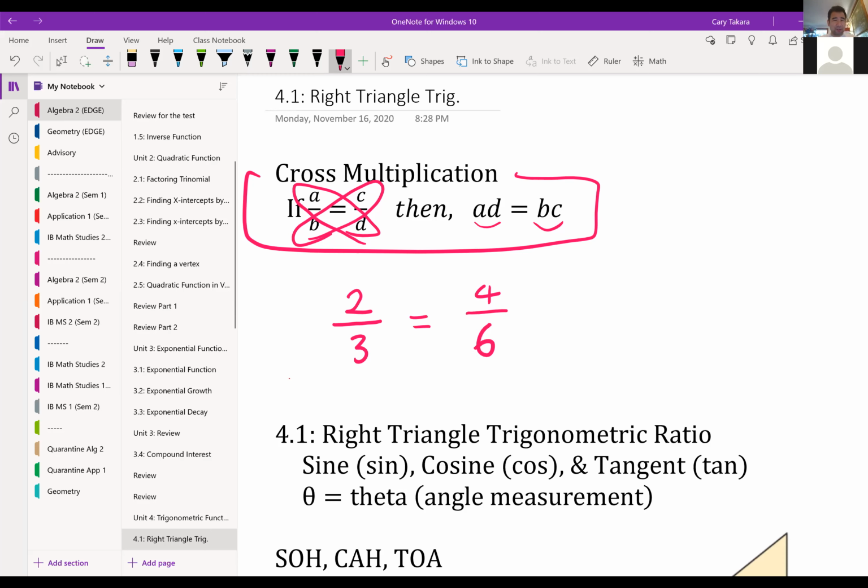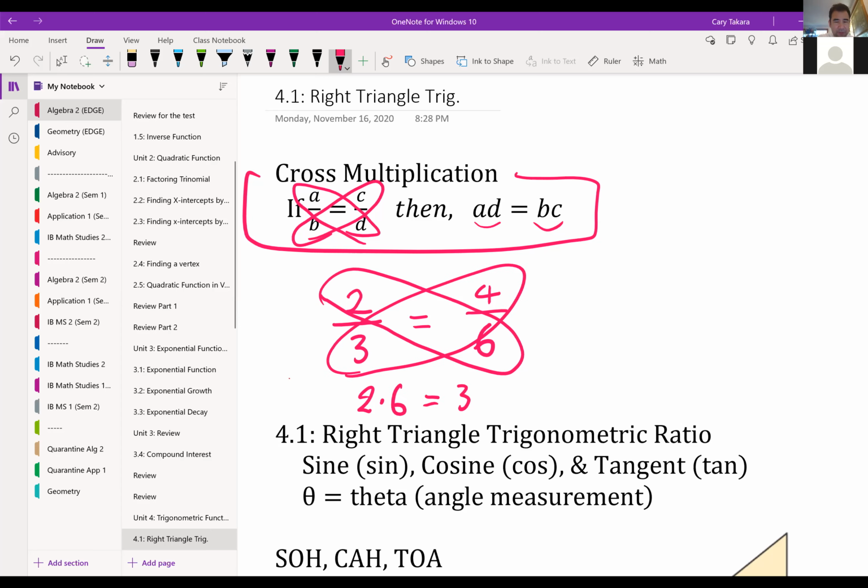Yeah. Is 4/6 equal to 2/3? Now, two fractions are equal, right? Is 2 times 6 equal to 3 times 4? Are they equal to each other? And it is, isn't it? 12 equals 12. Now, was that a coincidence?